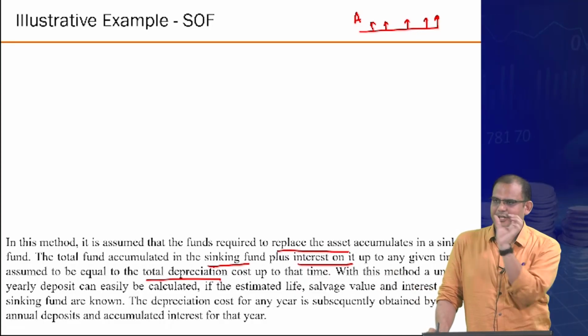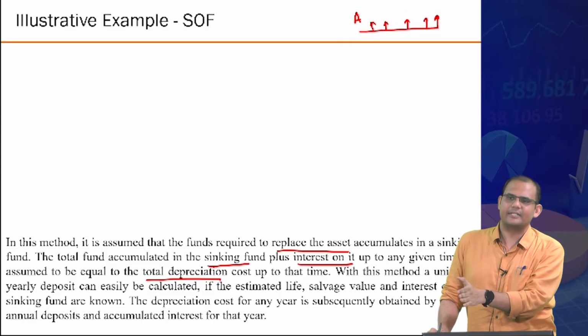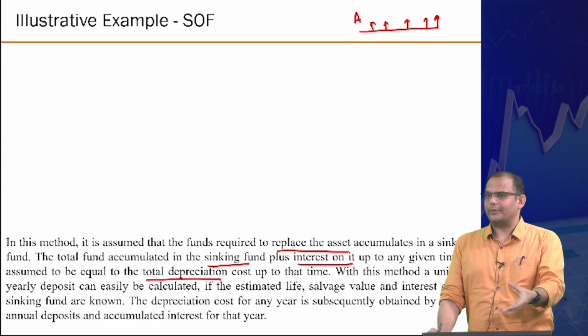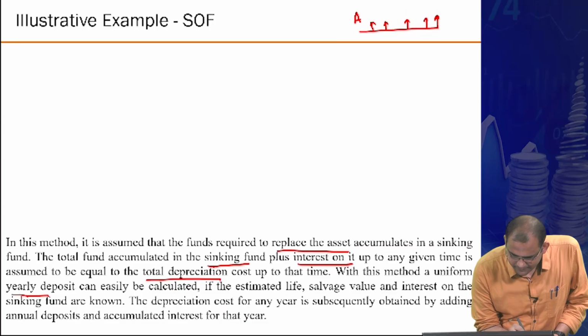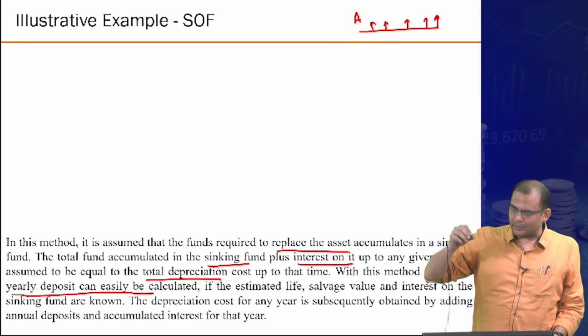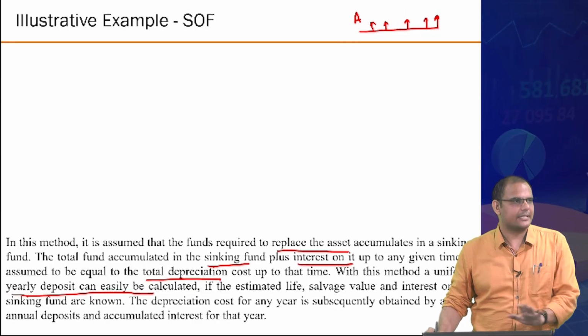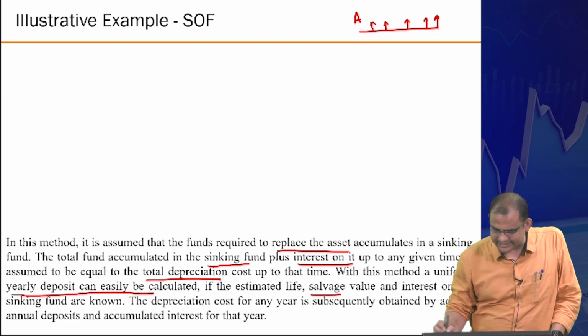So this A and the interest accumulated by whatever amount was deposited in the sinking fund is the actual depreciation, not the A value directly, right? With this method, a uniform yearly deposit can easily be calculated if you know the I value and how much interest rate the sinking fund can generate for you, and of course for a given salvage value.